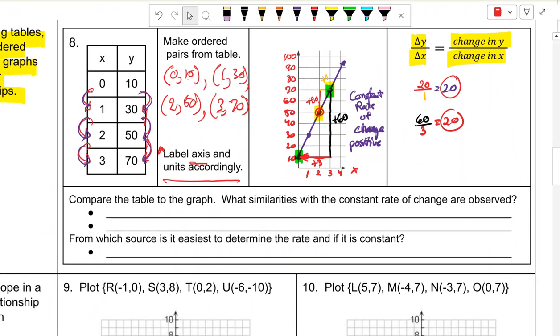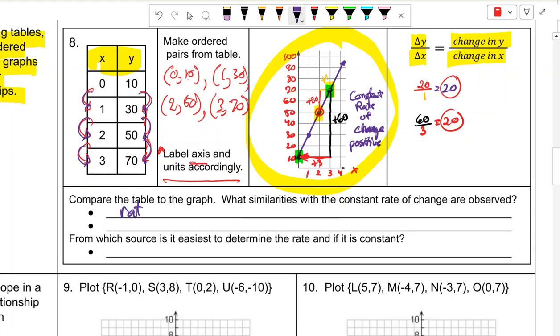All right, so what have we learned? Compare the table to the graph. What similarities with the constant rate of change are observed? Compare the table, here's your table, to the graph right here. What similarities do you see? Well, the rate of change is the same.